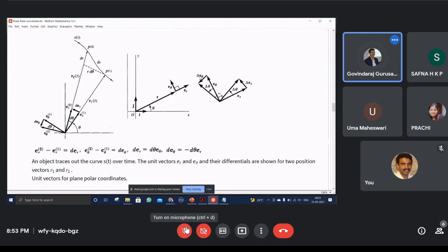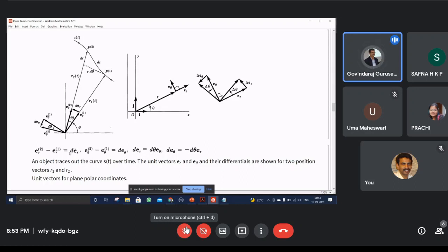So de_theta and e_r are in opposite directions. Therefore, you can have a minus sign. That makes sense. Okay. e_theta2 minus e_theta1 gives de_theta.